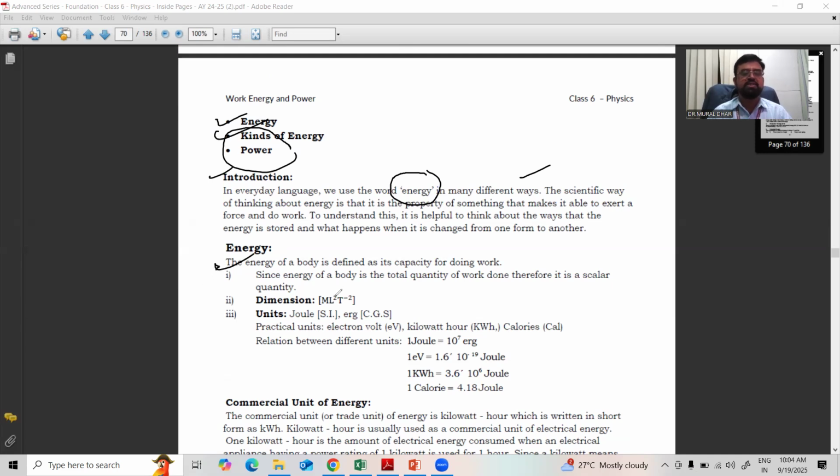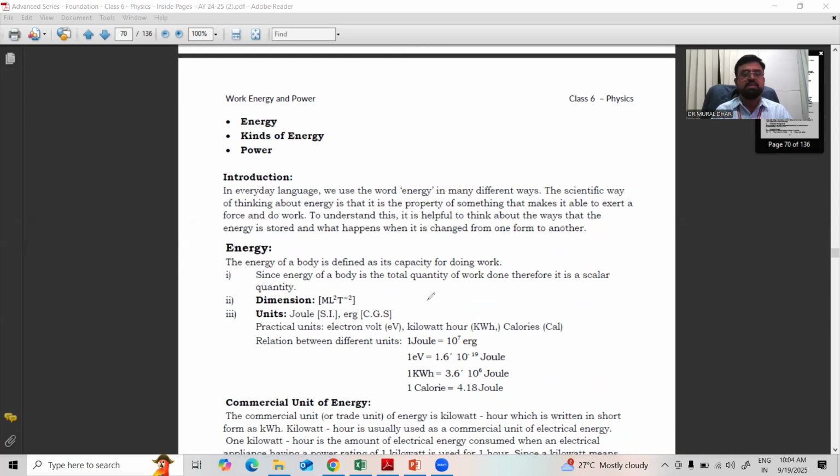So the energy of a body is defined as the capacity for doing work. Very important point you can note down. The energy of a body is defined as the capacity for doing work, or ability to do work, or your tendency to do work.